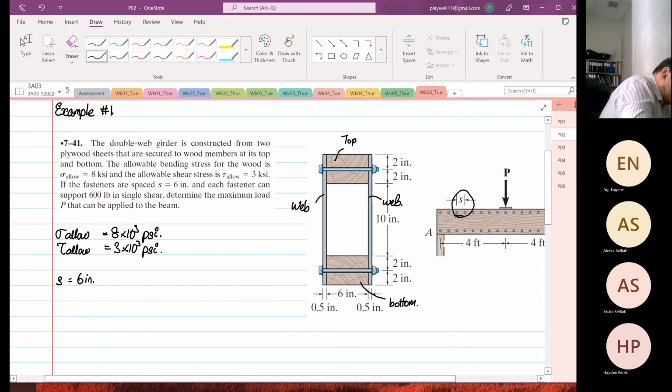And I want to highlight what you see over here in a single shear configuration, the resistance force is 600 pounds.